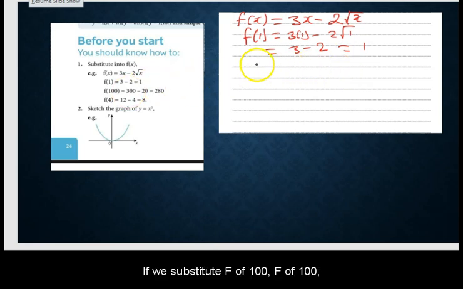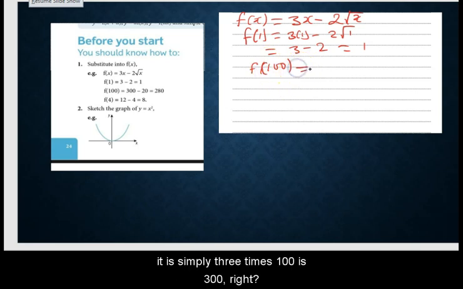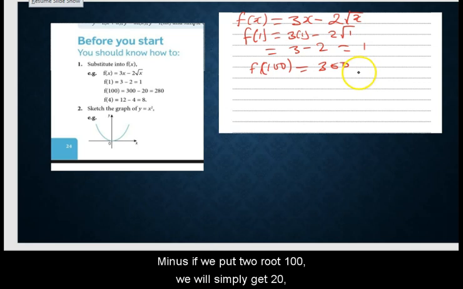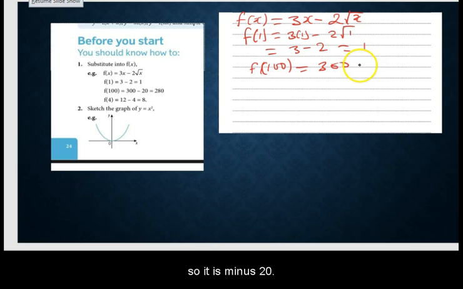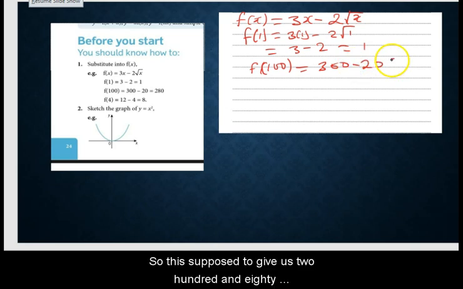If we substitute f of 100, it is simply 3 times 100 is 300, right? Minus, if we put 2 root 100, we will simply get 20. So it is minus 20. So this is supposed to give us 280.